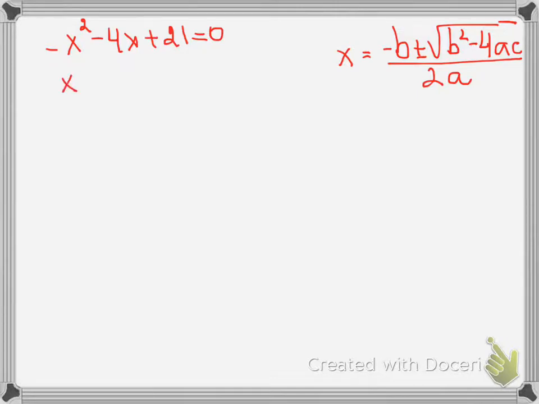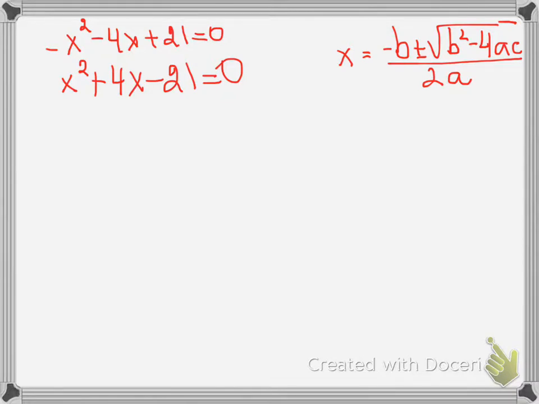We have that x squared plus 4x minus 21 is equal to 0. If I try to factor it, then I'm thinking, is there a number or are there two numbers that multiply to give me -21 and add together to give me 4? 7 and 3 might work.